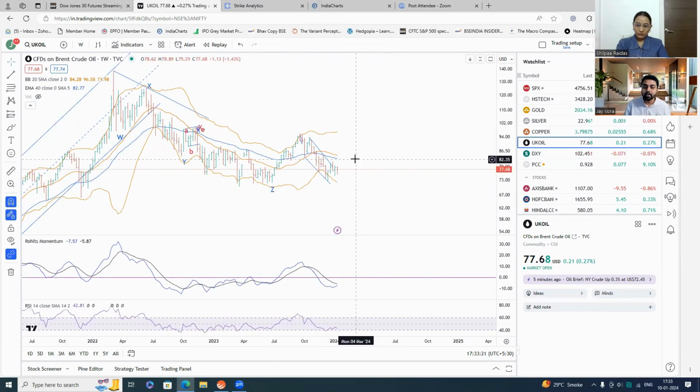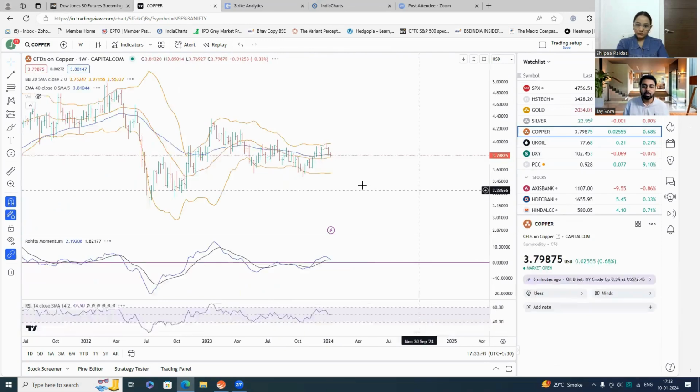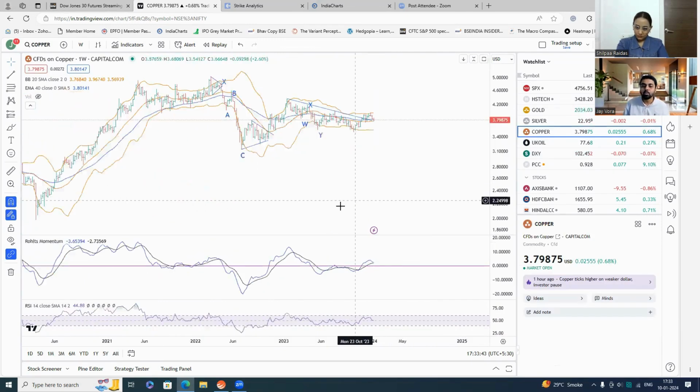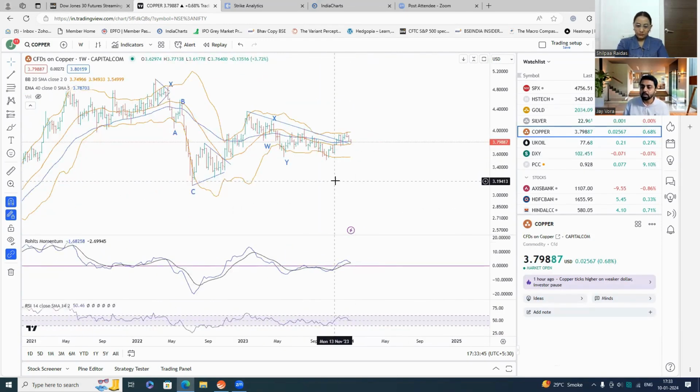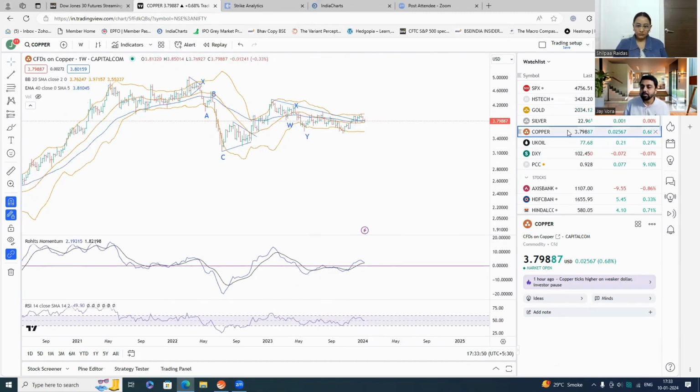The growth in the global market seems to be slowing down, and because of that, Brent crude is going down. Because if economic activity is very good, ideally Brent would pick up, but on the contrary, it is falling. So that is another pain point. Even copper, if everything was so good, then why is copper not rising? That tells you the health of the economy, but even there, it has been lackluster. So something really is not adding up.